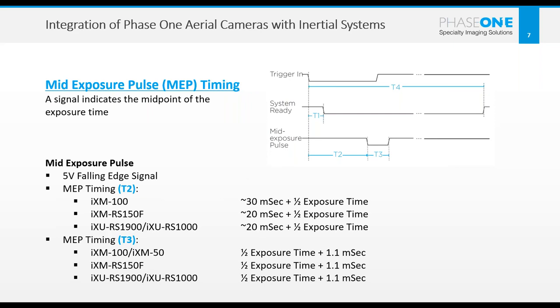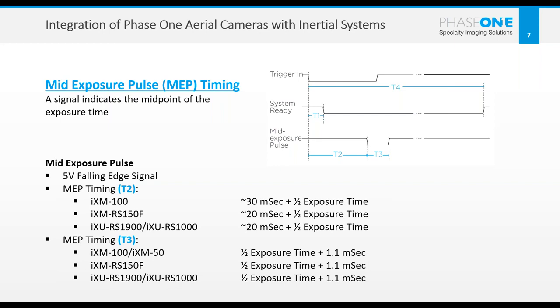So once we actuate the camera, the trigger will shutter. As you can see, the time T2 will be the timing for the mid-exposure pulse to occur. The mid-exposure pulse is a signal that is sent by the camera by the time half of the aperture of the shutter occurs.